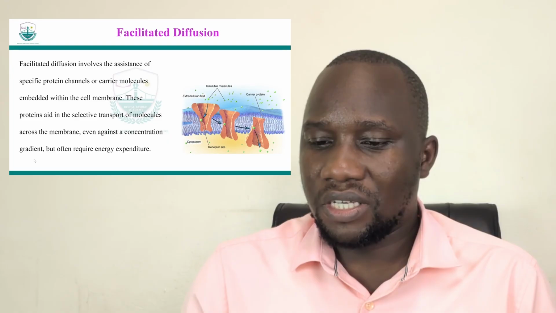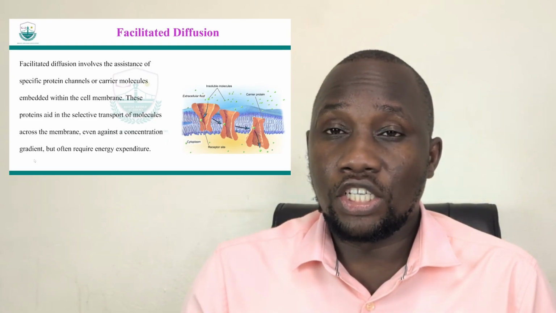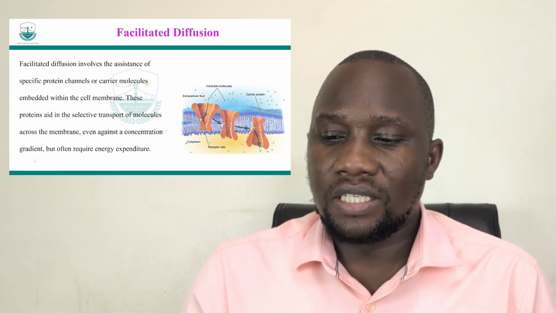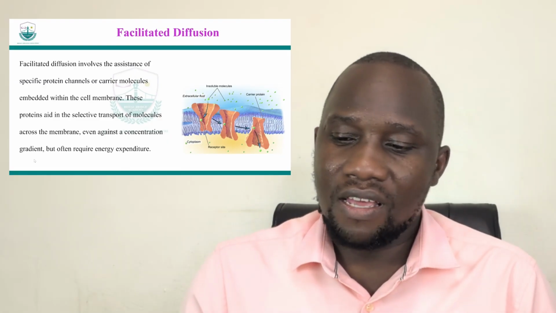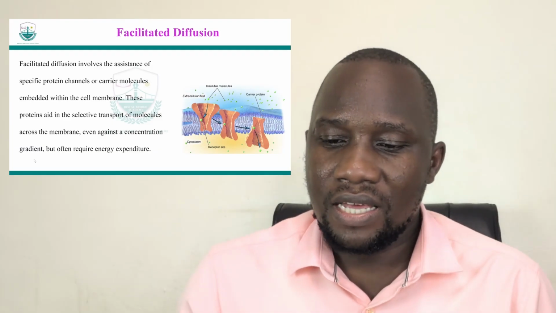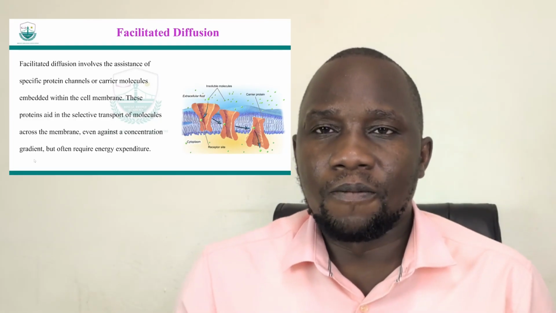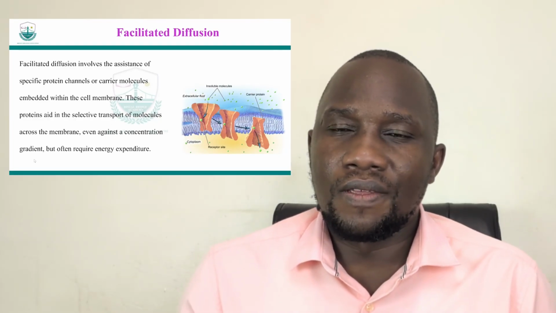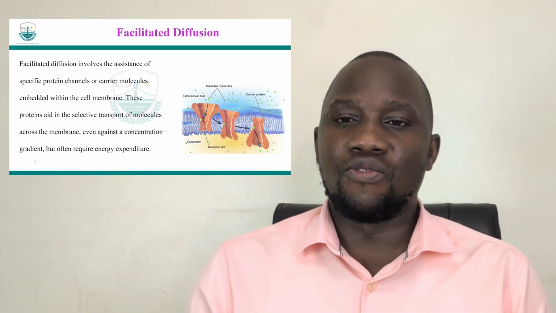Okay, so the carrier protein usually can undergo a conformational change. So the molecule attaches on one side and then it is released on the other side. And then for channels, you basically have paths for these either minerals or even organic compounds to take.